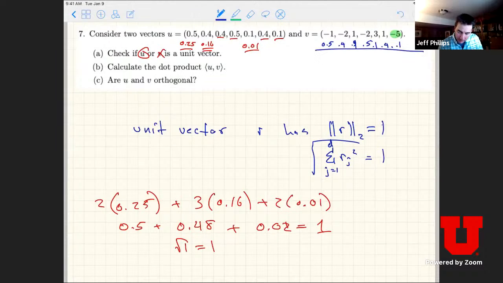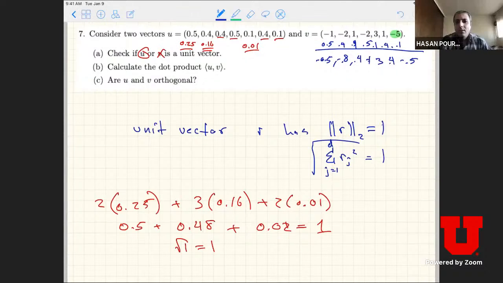So this is minus 0.5, this is minus 0.8, this is 0.4, this is minus 1, 3, 0.4, and minus 0.5.